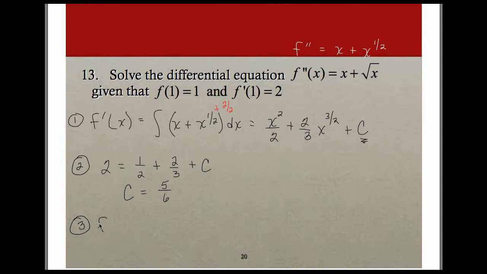So now we can go ahead and find our original finally by taking the antiderivative of that first derivative. So we're doing x squared over 2 plus 2/3 x to the 3/2 plus 5/6. Because you'll definitely want to put that 5/6 in place of the c. And we're just going to go ahead and find our antiderivative from there.